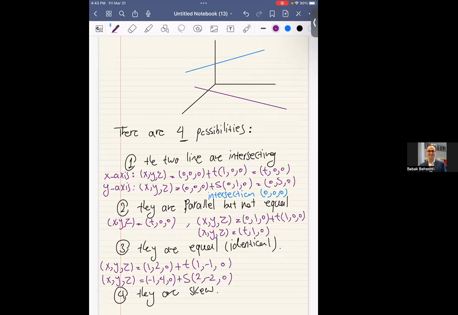They're the same direction, right? If you have two vectors, one of which is a scalar multiple of the other, they're parallel.